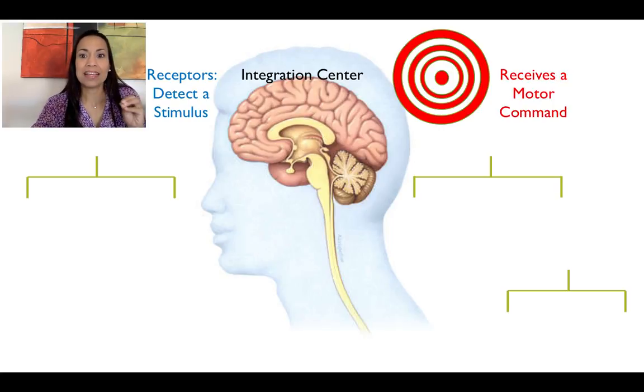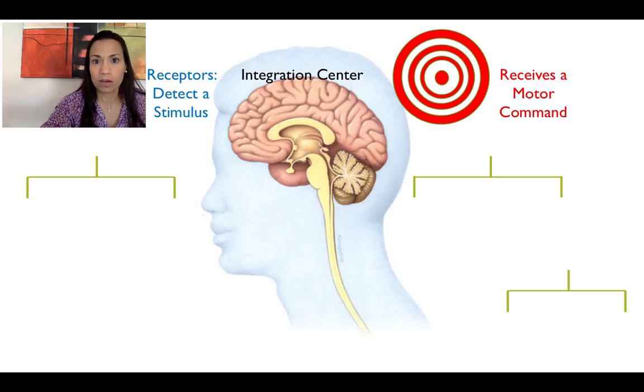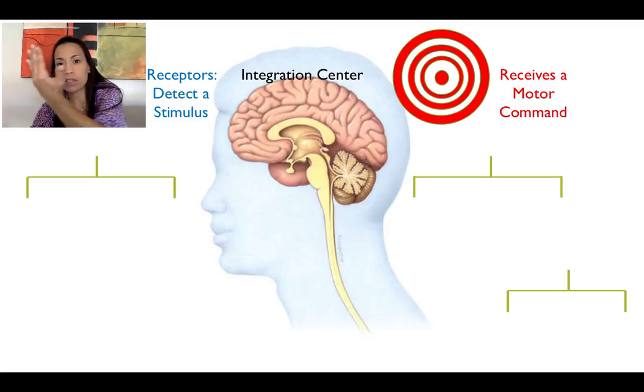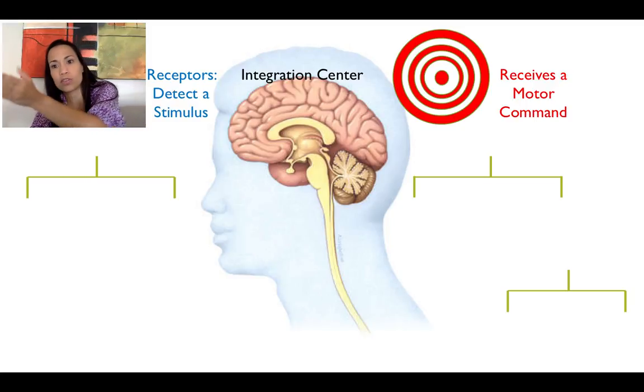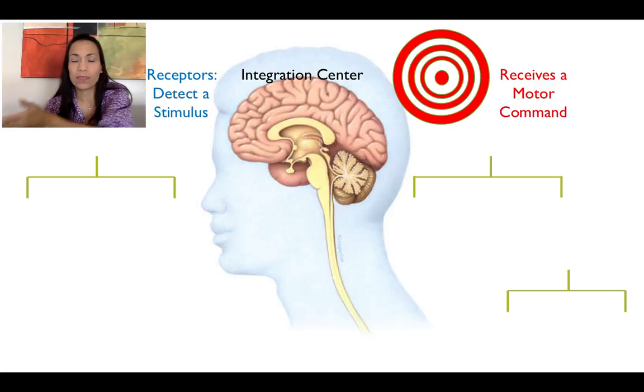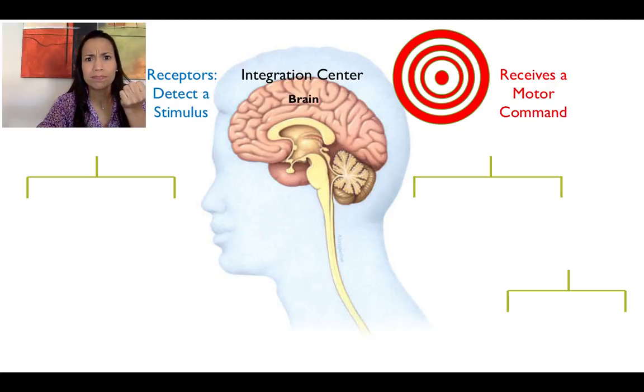That is sent to a target organ, which usually is a muscle, and that target organ then receives the motor command coming from the integration center. And again, all of this happens in only one direction, from receptors to integration center to target organs. It cannot go back. It would be a kind of disaster.